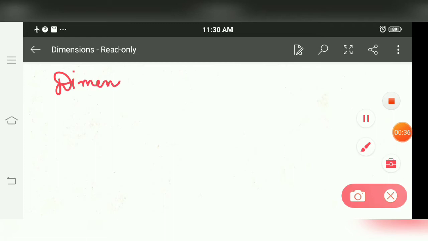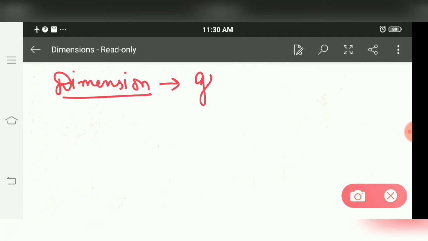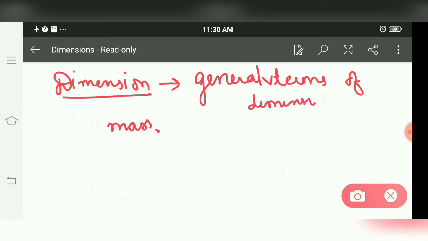In general, dimension is that formula in which we represent a number of formulas in general terms of mass, length, time and current.